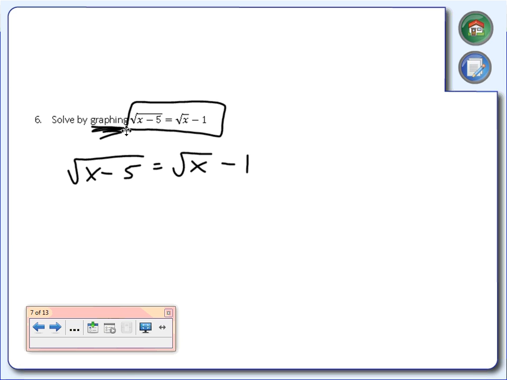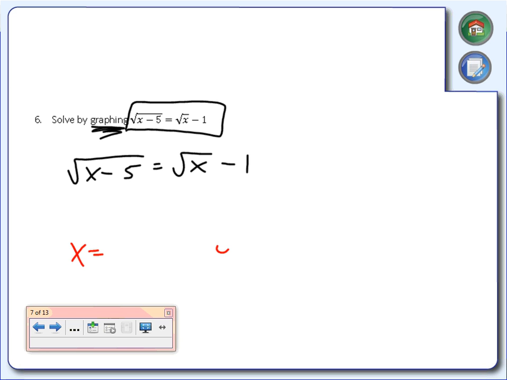So do second trace, number 5, intersect. Move your little cursor as close to that point of intersection as possible, and then try to hit enter 3 times. If everything works out, down at the bottom of your screen it should say intersect, and of course it's going to give you 2 numbers.